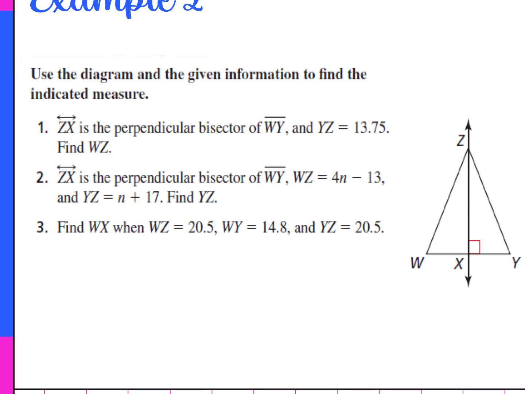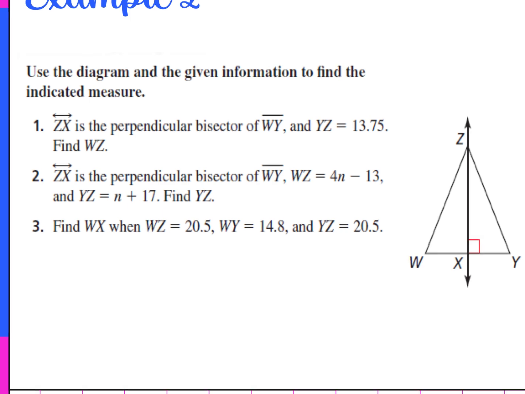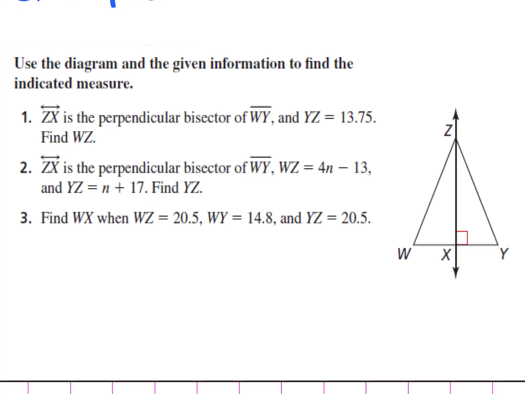And YZ is 13.75. Find WZ. So they're giving me this side, which is 13.75. Am I using the perpendicular bisector theorem or the converse of perpendicular bisector theorem? Which one am I using for this? Is it converse or is it perpendicular bisector?